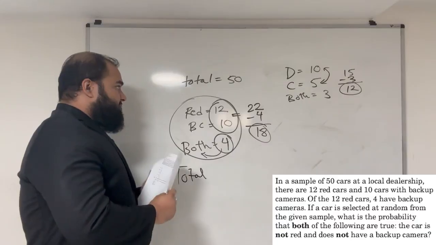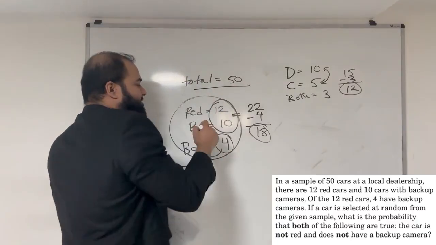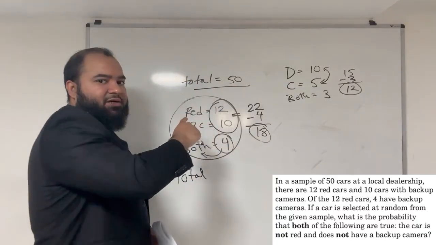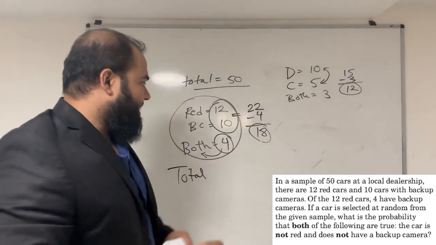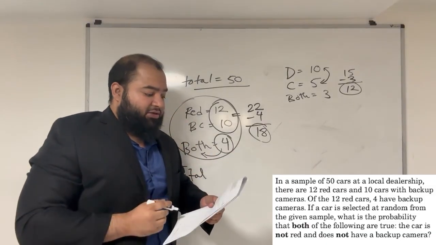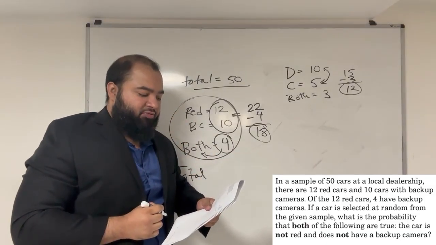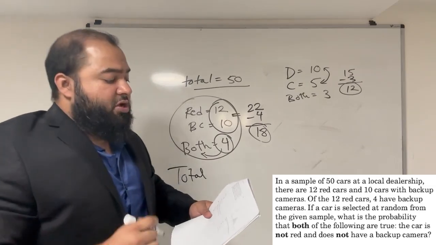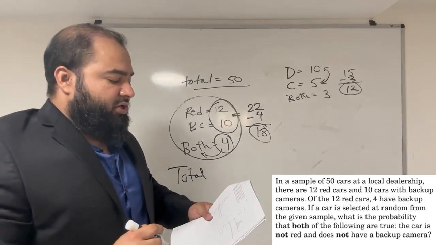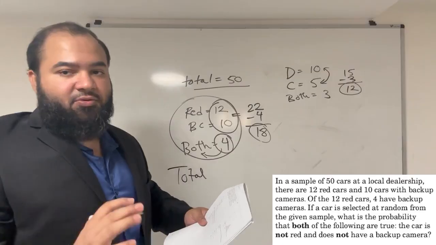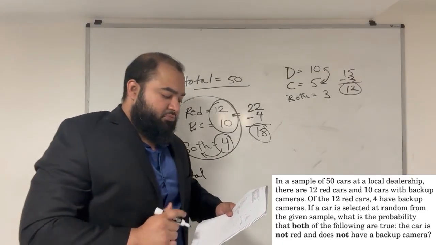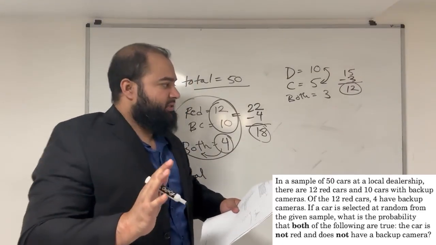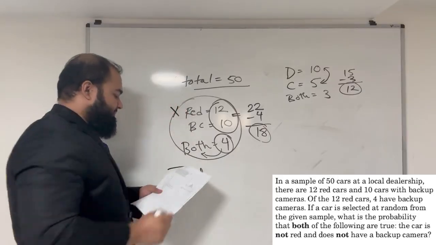So now let's get back to the question. Total 50 cars, and 18 of them fall under these categories, either red or backup camera. Now let's read the question. If a car is selected at random from the given sample, what is the probability that both of the following are true? Let's see what are the 2 things they want to be true. The car is not red, so it cannot be red.